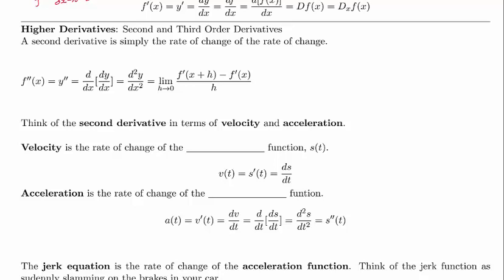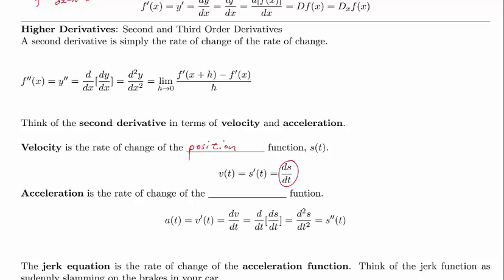The velocity is the rate of change of the position function, right? And where s of t is the position function. You're saying what is your position at time t. And so v of t, that's the velocity at time t, is simply defined as s prime of t.